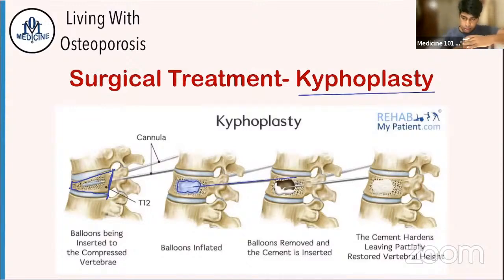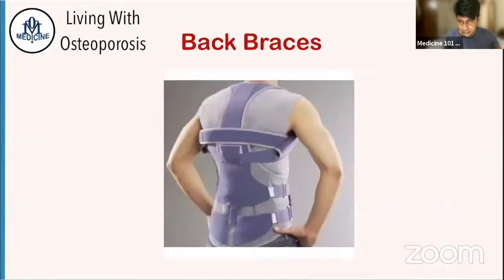And once the balloons are inflated, you get the height again. You can see what was compressed has come back to its original height. Then you insert the cement. And then you get a restored vertebra. This is what you call kyphoplasty.